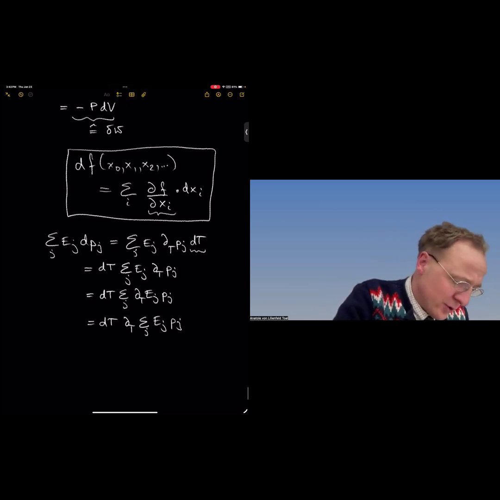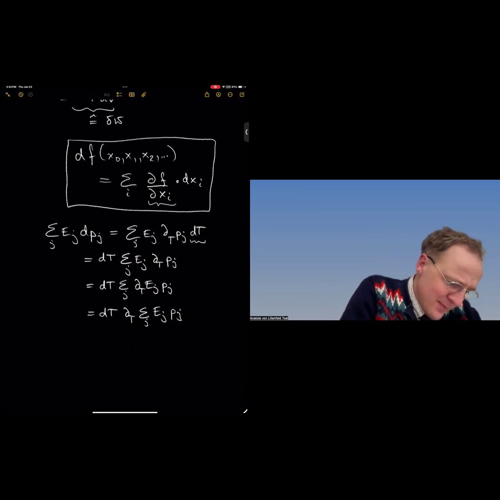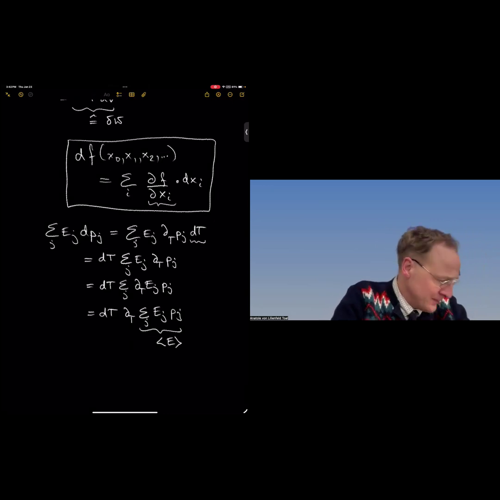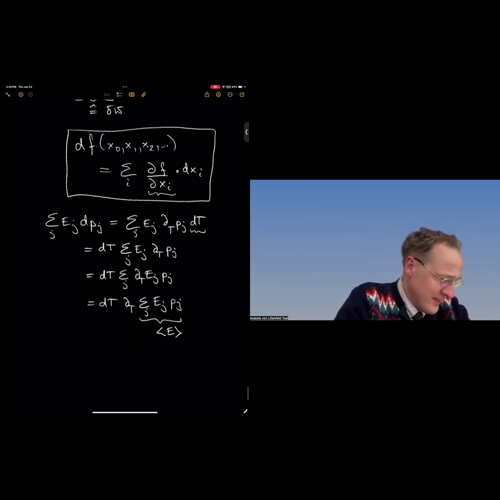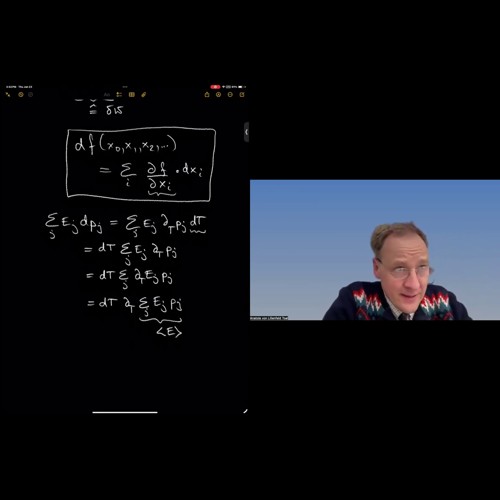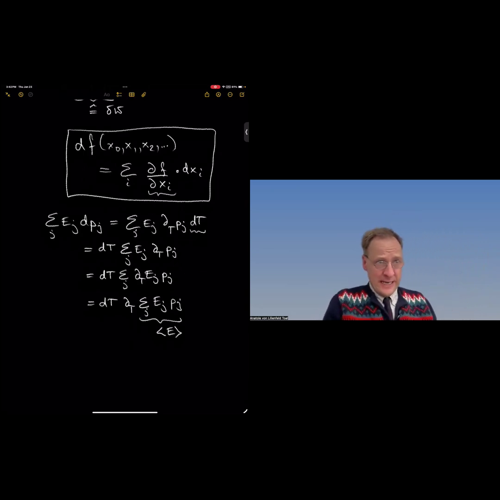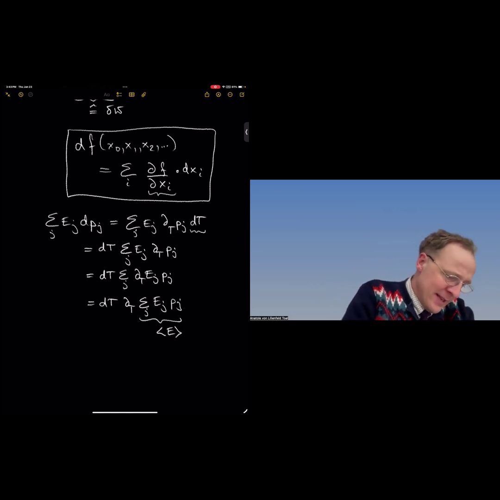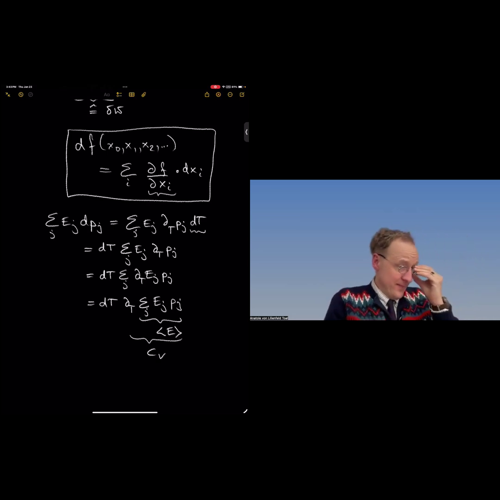So I'm to differentiate this entire sum, but this entire sum we already know. This is my expectation value of E. Right? It's just the energy. And if I differentiate my internal energy with respect to T, I'm asking for the slope, right, for the change of energy as I'm changing T. And that is known as my heat capacity at a constant volume, right?